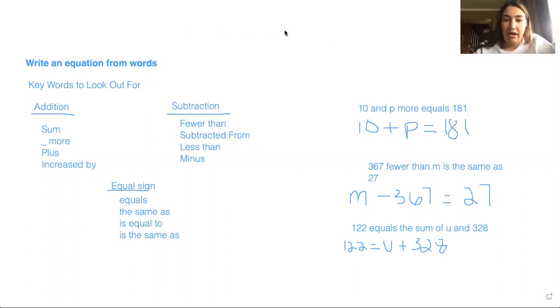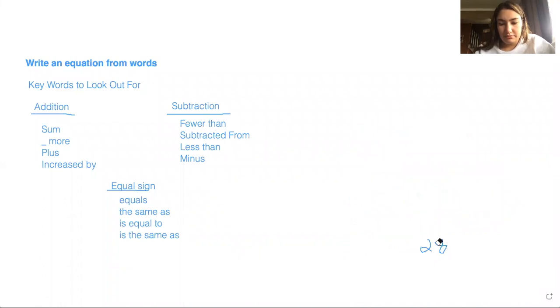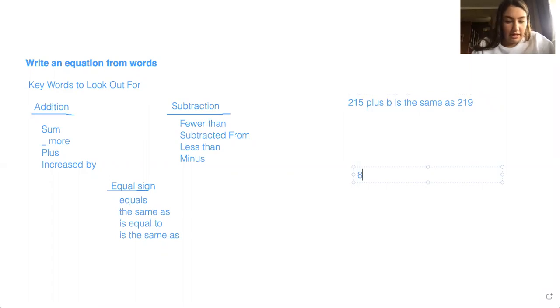Let's do a few more examples, and I'll give you a little more time on these to try them out yourself. The first one will be 215 plus b is the same as 219. Another example will be 85 is equal to 4 subtracted from b.